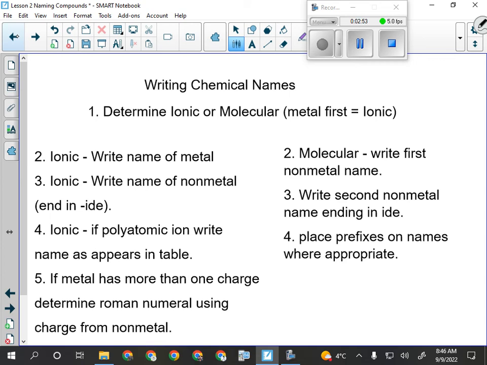So if it's something like iron 2 nitrate, I would find nitrate in the table of polyatomic ions and write nitrate. The last thing we check for is if the metal has more than one possible charge.